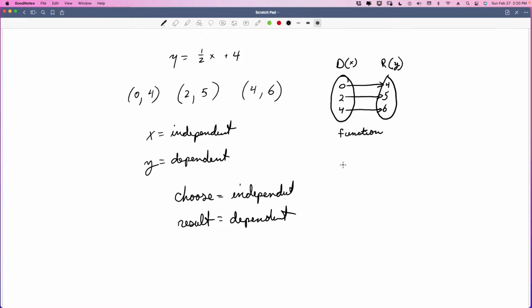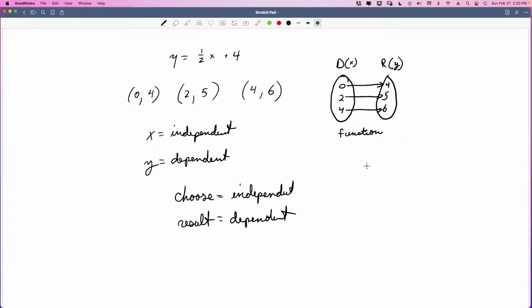And the reason it's a function is because we say that the relationship is functional, and it creates a line whenever we graph it. That's one of the ways that we are able to determine if it is a linear equation: is it a function.